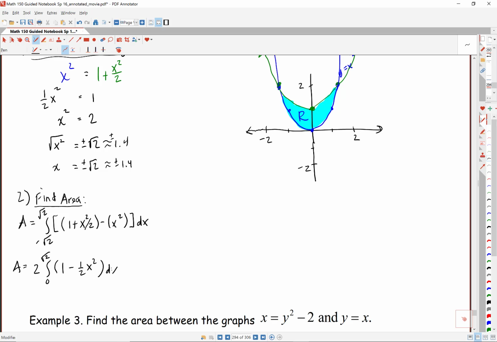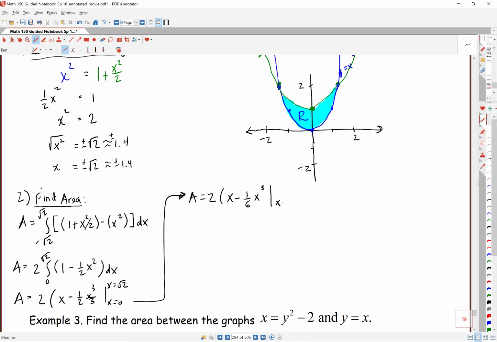So our area will be 2 times x minus 1/2 x cubed over 3 from x is 0 to x is root 2. That's going to give us, let's simplify it a bit, our area will be 2 times x minus 1/6 x cubed from x is 0 to x is root 2.